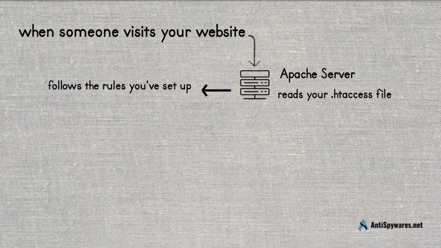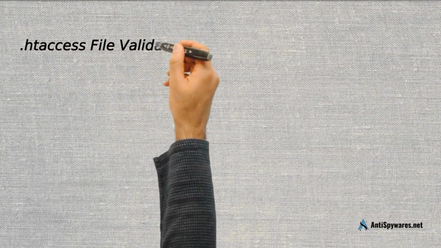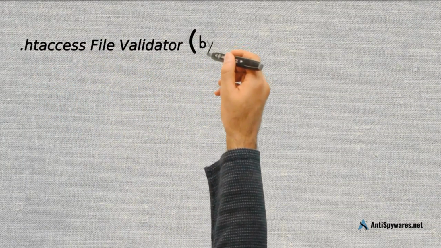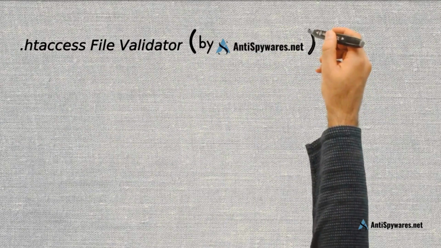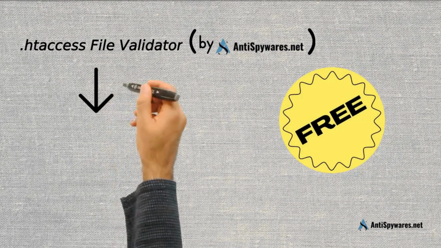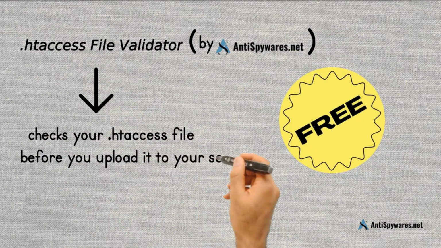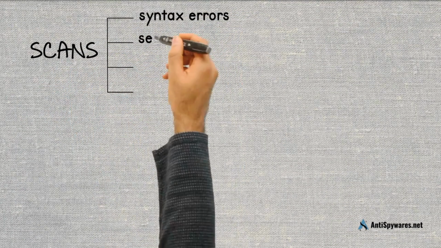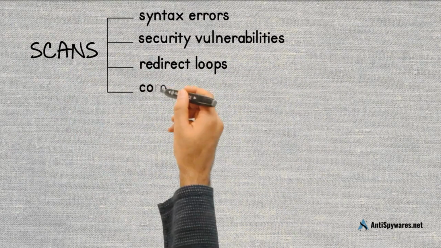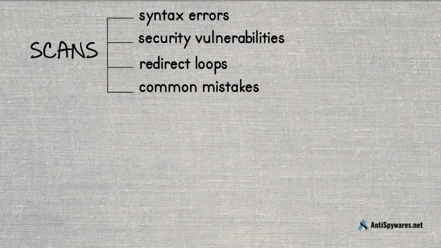So, the htaccess file validator from antispywares.net is a free online tool that checks your htaccess file before you upload it to your server. It scans for syntax errors, security vulnerabilities, redirect loops, and common mistakes that could break your website.